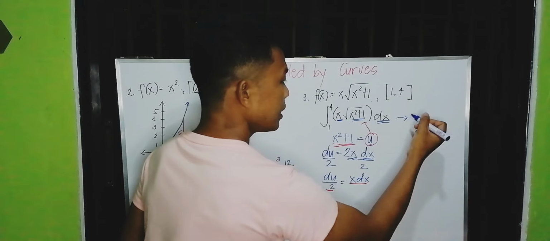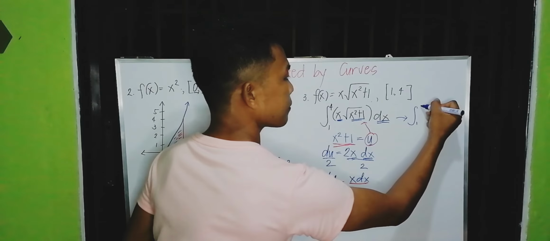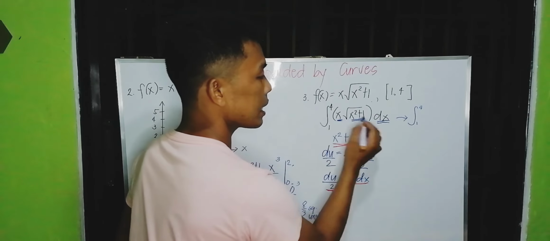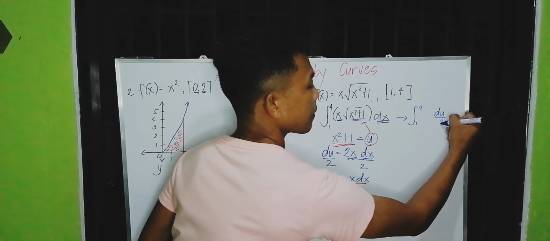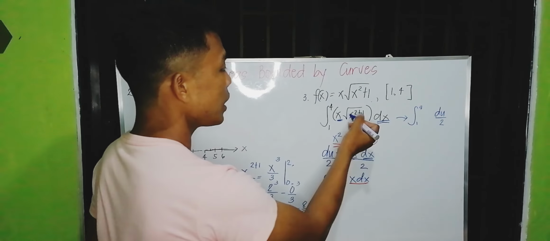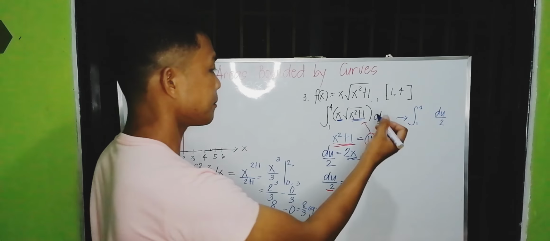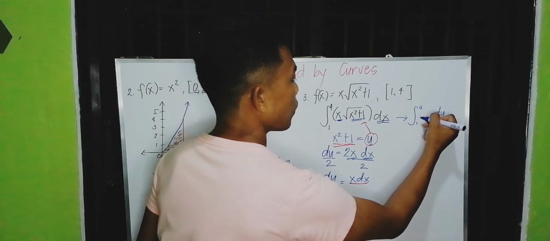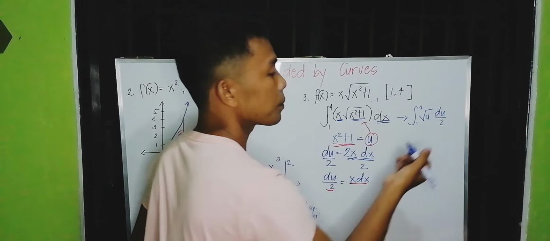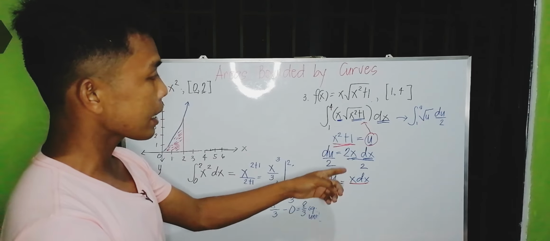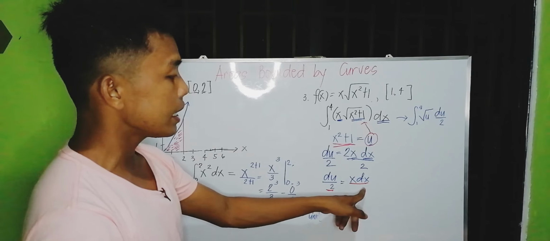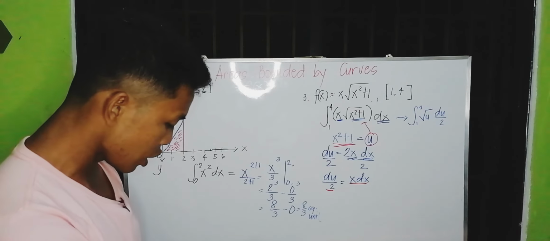Magiging siyang 1 to 4. This is x, derivative of x, magiging siyang du over 2. And then, we have x squared plus 1, or the square root of u. Okay? Square root of u siya. Kasi nakuha na natin yung ating kailangan na x and derivative of x lang. Now, we continue.